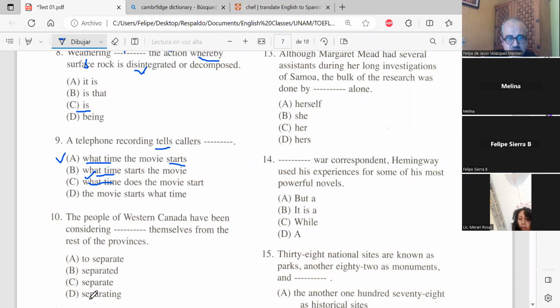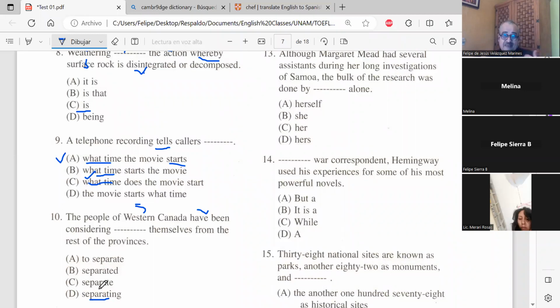So, after considering: the people of Western Canada have been considering one verb. So we have one subject, one verb, one complement. Okay, but what is the verb pattern after consider? There is something that I do. I ask, what kind of verb is consider?